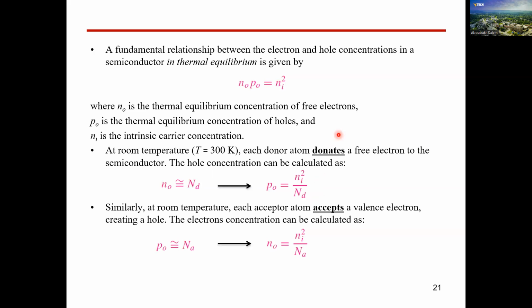So this is for the n-type material. And similarly in the case of p-type material, in the case of accepting electrons, the hole concentration is the same as Na, the acceptor concentration, and the electron concentration equals Ni squared divided by Na.